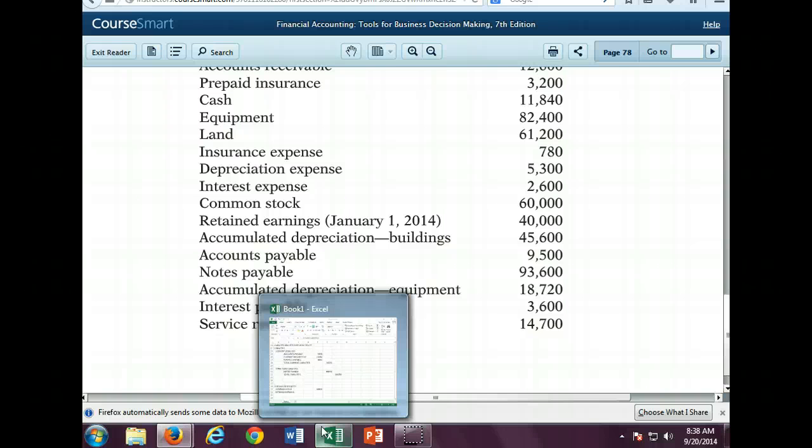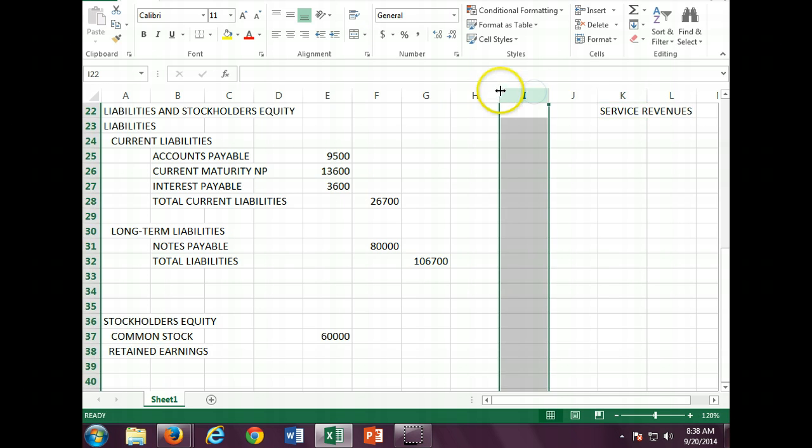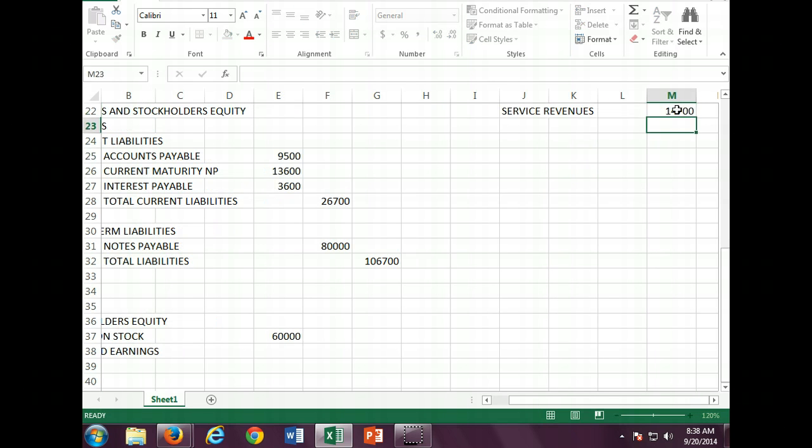Minus dividends. Okay, so let's just do a little net income statement on the side over here. Service revenues are how much? 14,700. What expenses do we have? Insurance. Insurance is how much? 780. What else do we have?